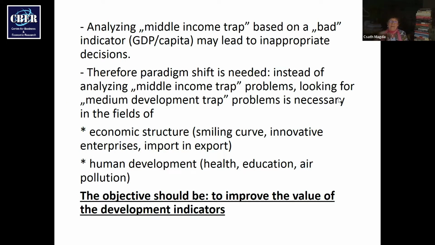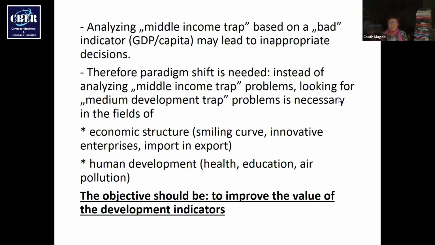So therefore, I think a paradigm shift is needed. Instead of analyzing the middle income trap, we have to analyze the development indicators of the different countries to understand the real development status of the country.